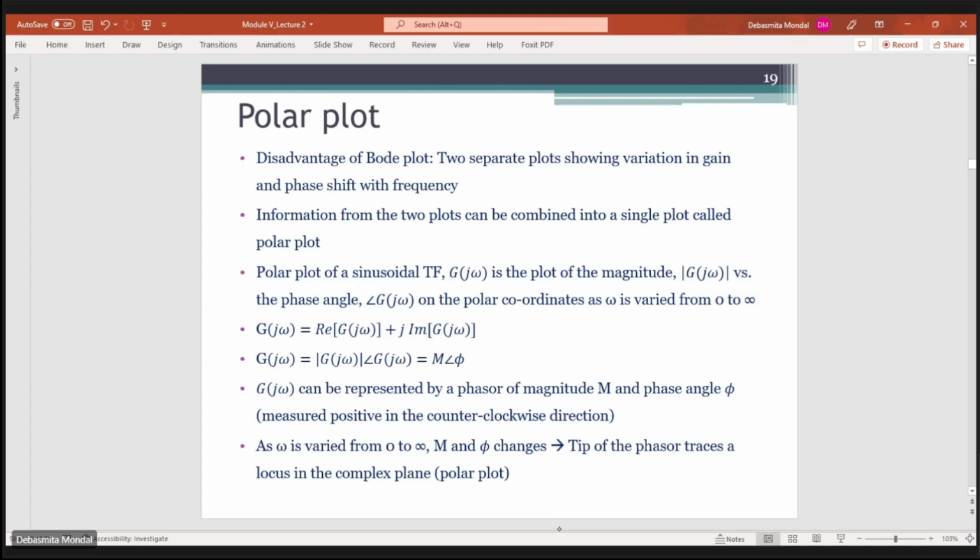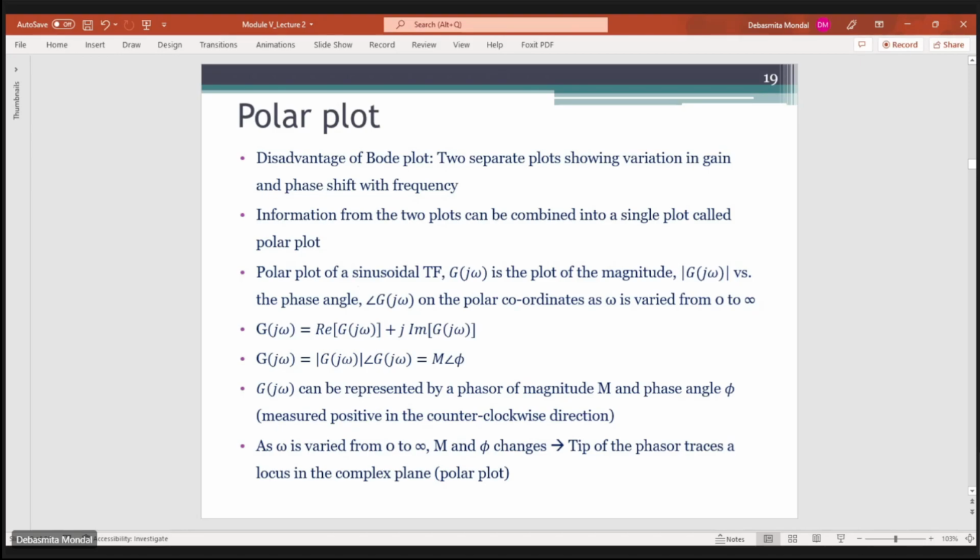The polar plot of a sinusoidal transfer function, if that sinusoidal transfer function is given by G(j omega), is a plot of the magnitude of G(j omega) versus the phase angle of G(j omega) on polar coordinates, as we vary the value of omega from 0 to infinity. In the previous case, when we were drawing the Bode diagram, the x-axis of the Bode plot was frequency.